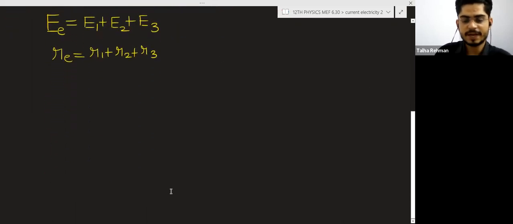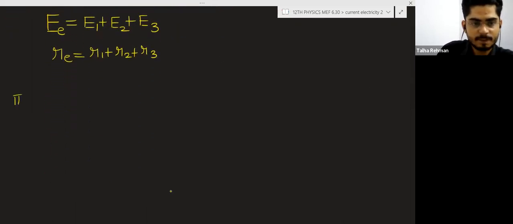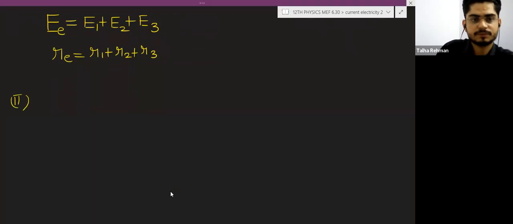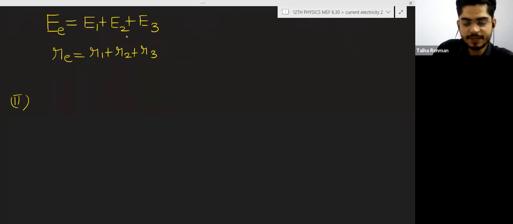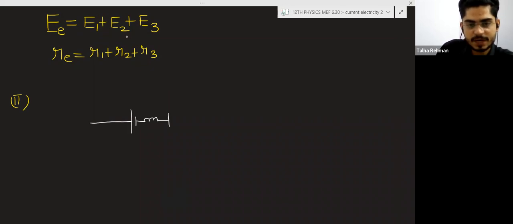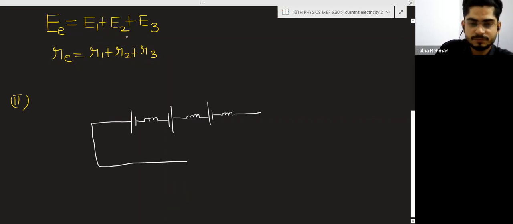Okay, so second case I am taking. I am having a cell like this, and this time I have connected them like this and like this. Means there is a random connection of cells.